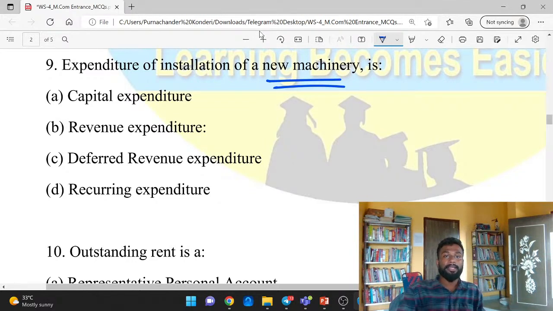Very important question. Since we are installing new machinery, it increases the earning capacity. Our earning capacity increases, so it is a capital expenditure, which is not repeating. The expenditure that we incur for installation of new machinery will not be repeated. Okay?